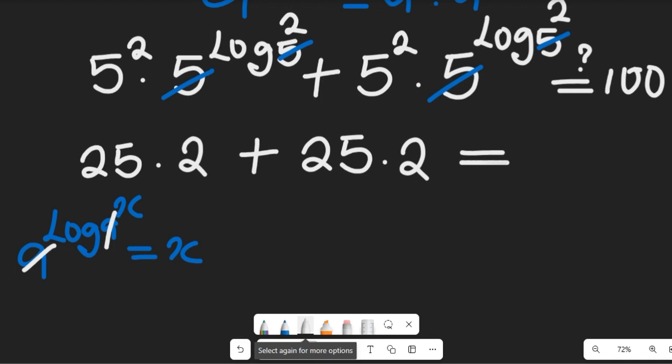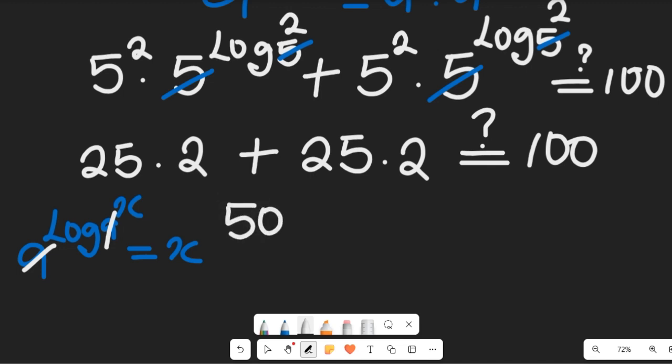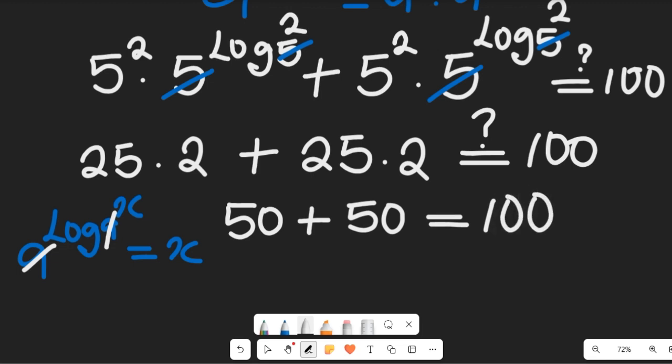Now will these two expressions give us 100? 25 times 2 is going to give us 50. So we'll have 50 plus 25 times 2 is going to give us 50. And this is equal to 100.